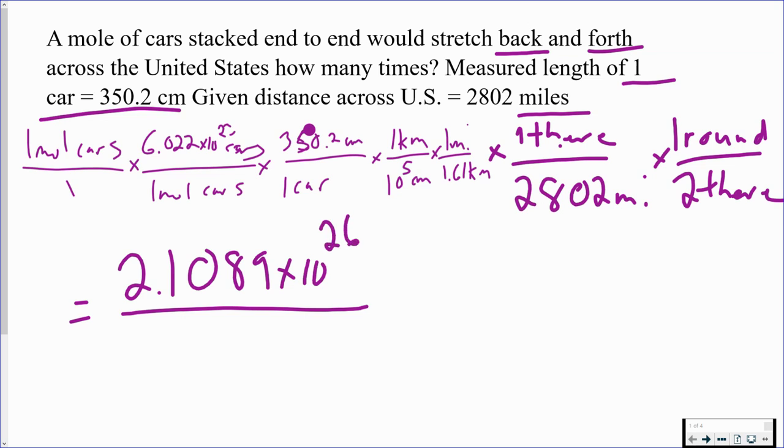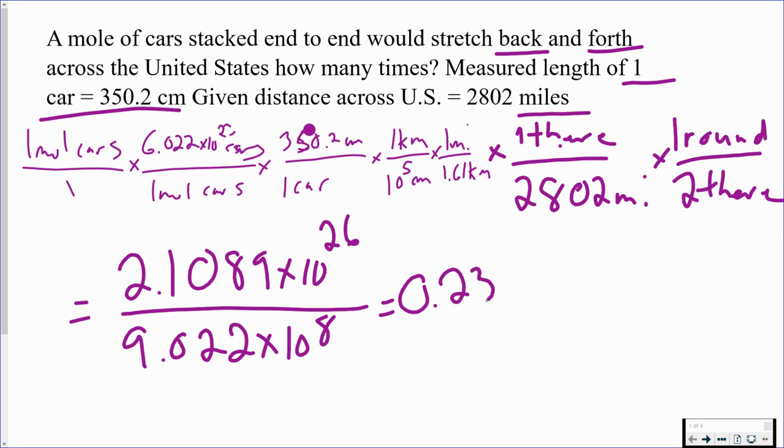On the bottom, you have 10 to the 5th, 1.61, 2802, and 2. So when you multiply those together, you're going to get 9.022 times 10 to the 8th. When we divide the fronts, we're going to get 0.2337 times 10.